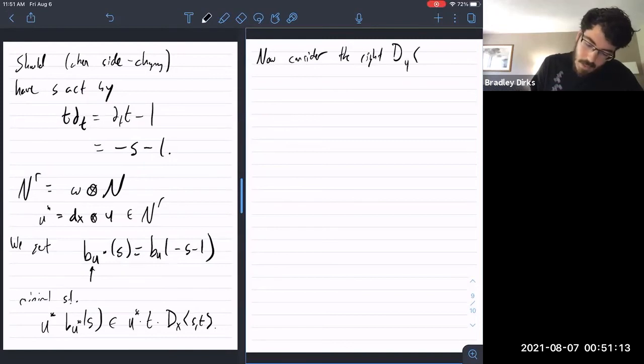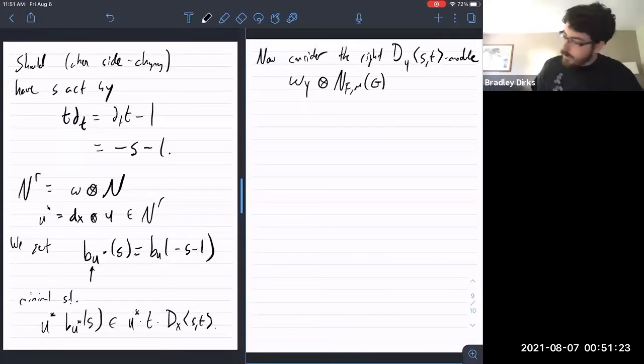Right D_Y[s] module. We side change upstairs N f^s, and this has a global section.